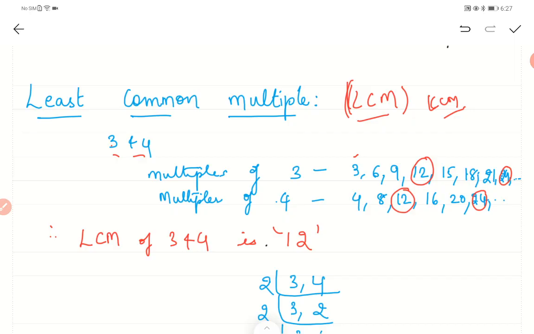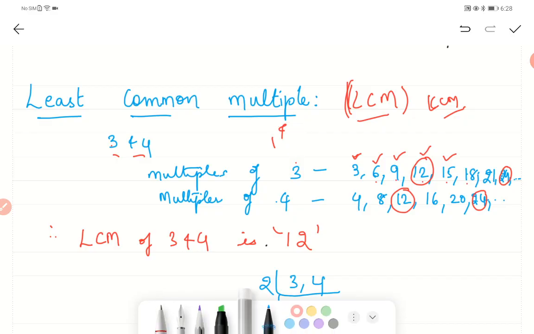If I get factors of 3, it is only 1 and 3. These are factors, whereas multiples of 3 are 3, 6, 9, 12, 15. That is basically the 3 table. 3 1s are 3, 3 2s are 6, 3 3s are 9, 3 4s are 12, 3 5s are 15, 3 6s are 18, and so on.